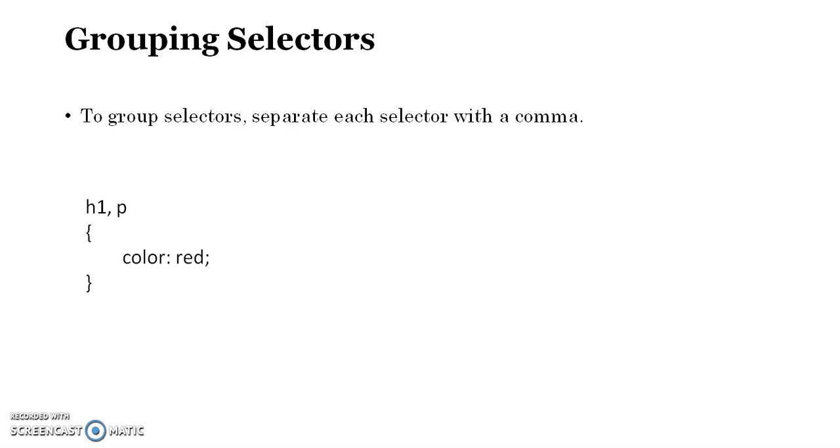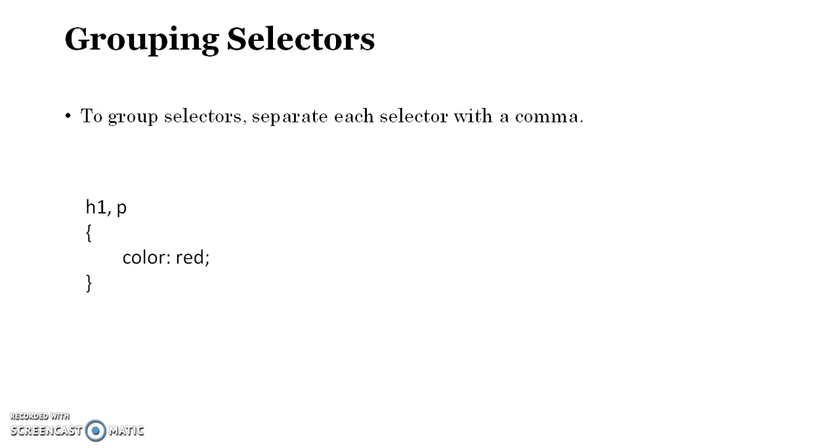Now the last type of selector is grouping. Whenever you want to provide the same look to different elements of your web page, you can group them and use the same code like this.